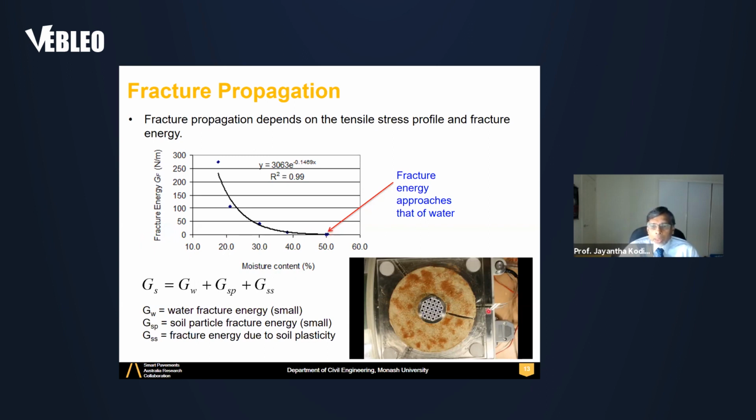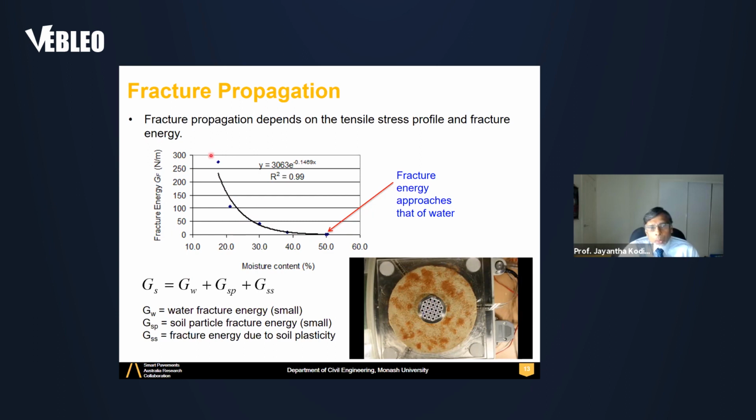We actually measured it using this device, a restraint ring shear apparatus, and it approximates the fracture energy of water. As the soil dries, your fracture energy remains very small until such time it starts to increase exponentially.